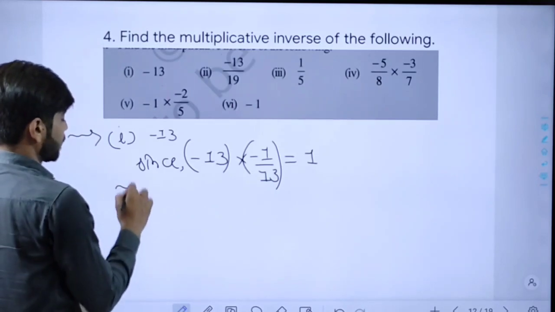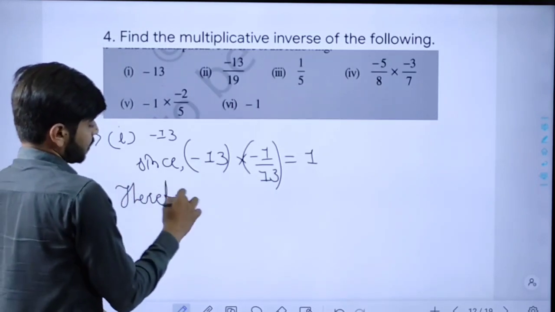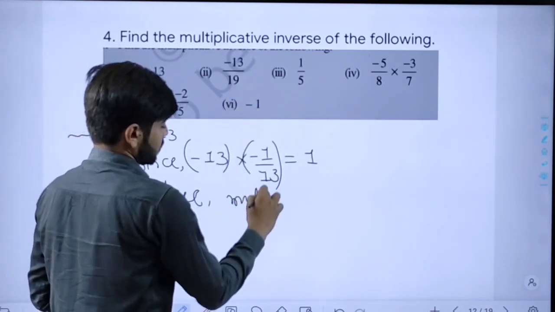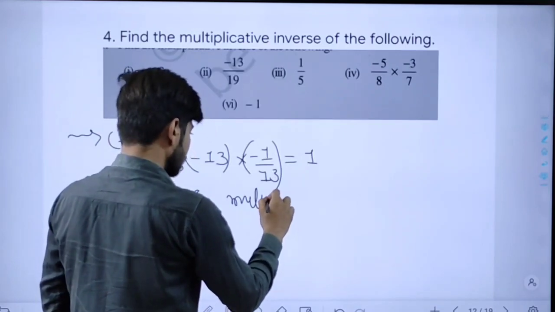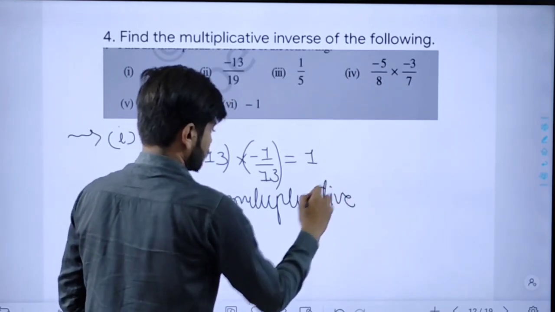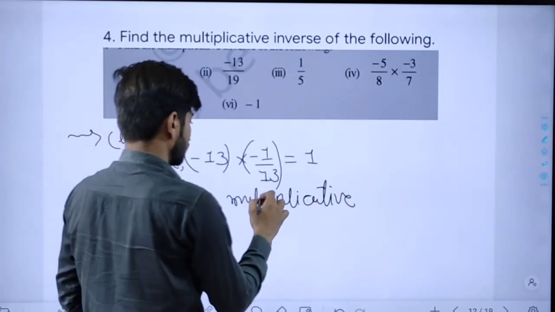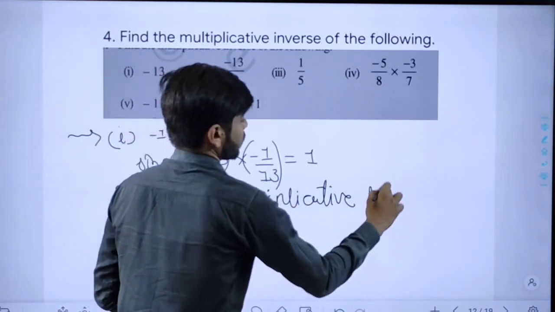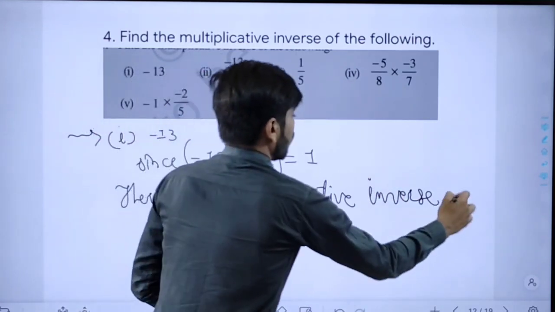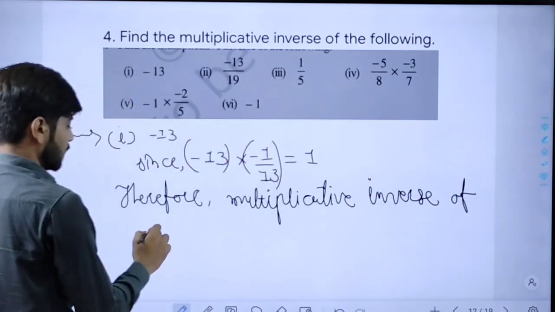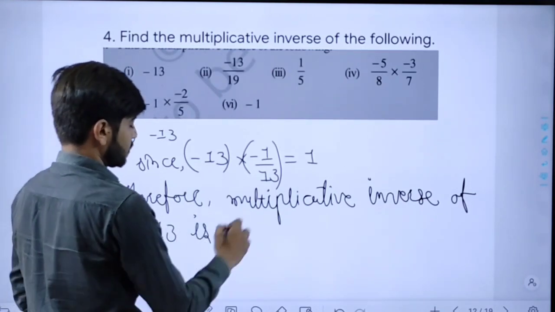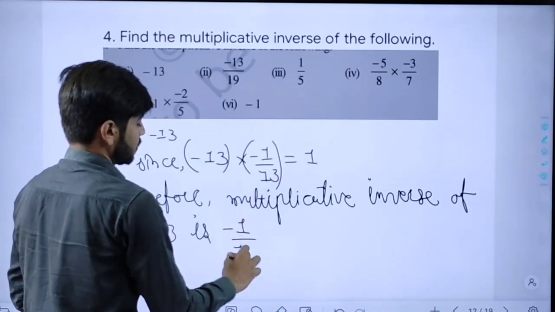Therefore the multiplicative inverse of minus 13 is minus 1 upon 13.